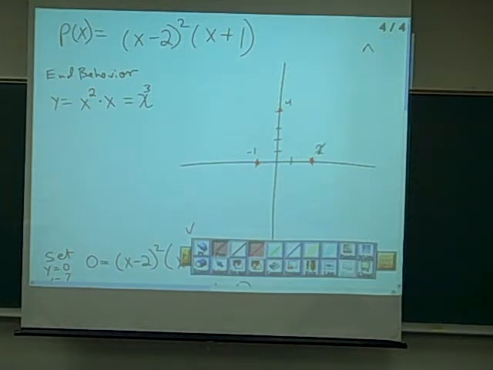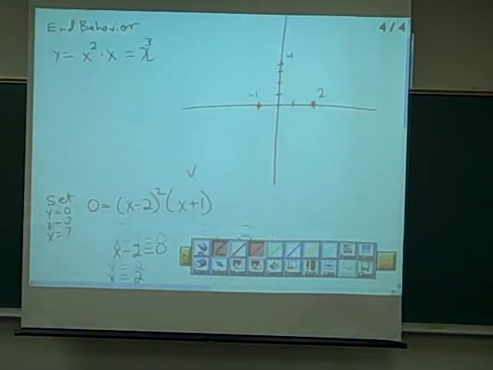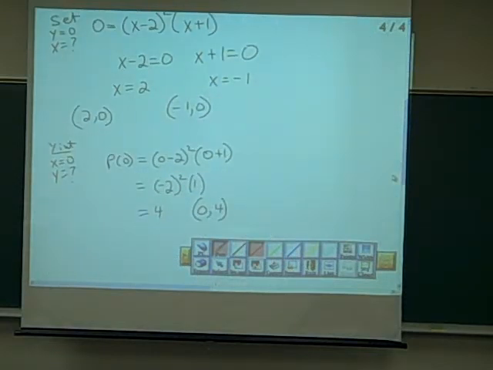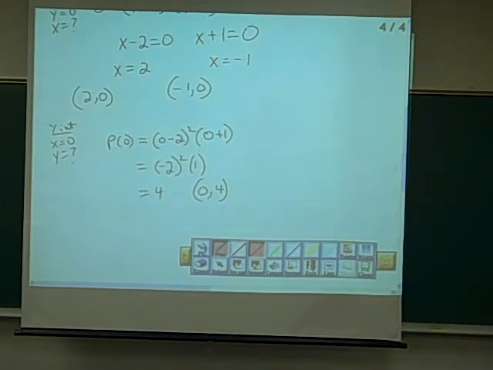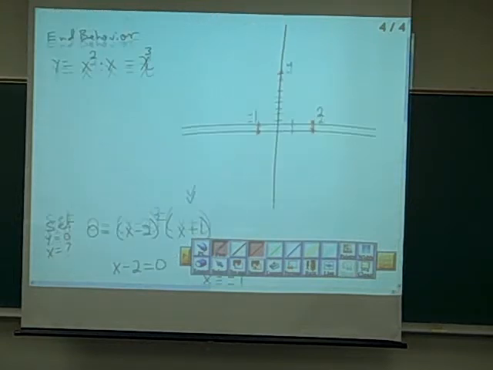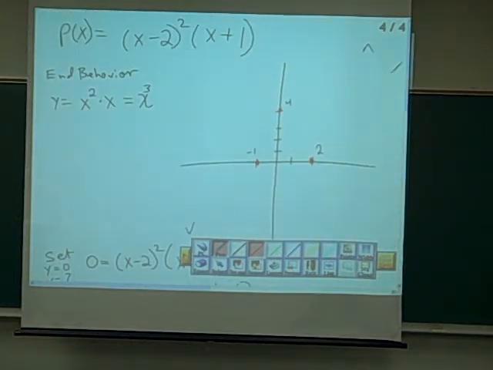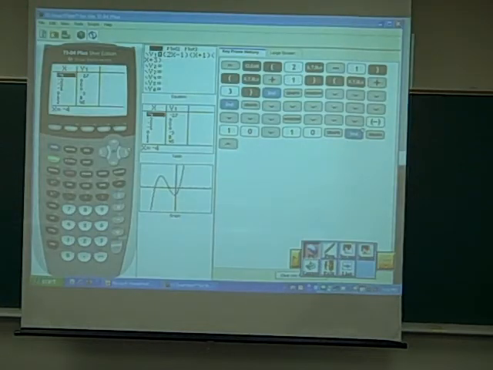Down. So it may just touch the 2 and then come back up and then down. So let's go ahead and graph that. And so we're going to graph the x minus 2 parentheses squared, and x plus 1. So let's see what that's going to look like.